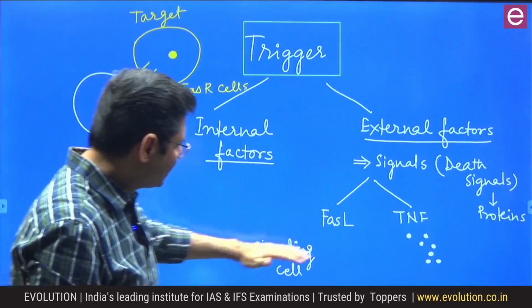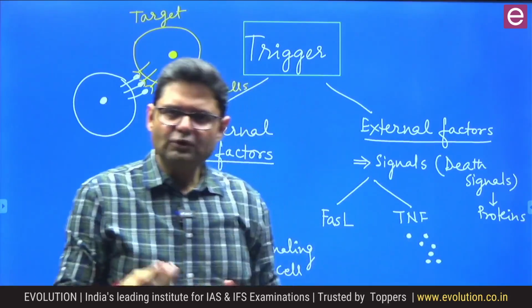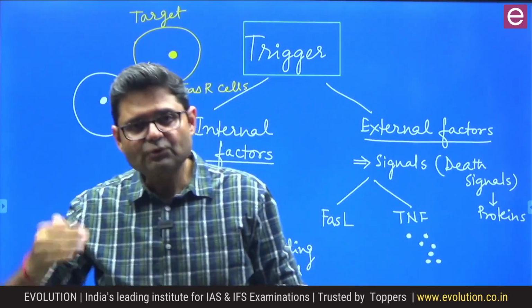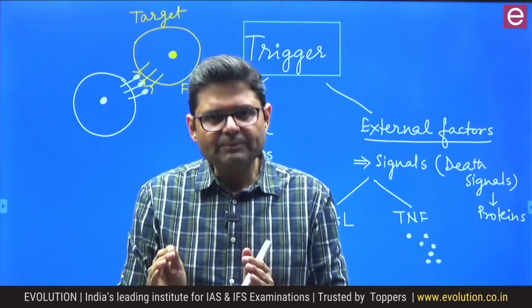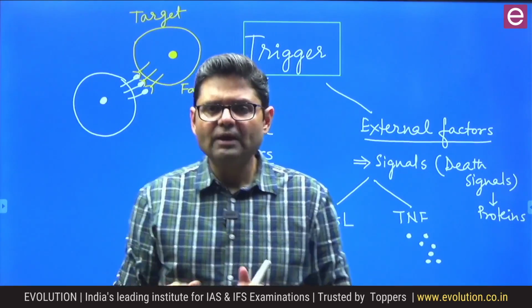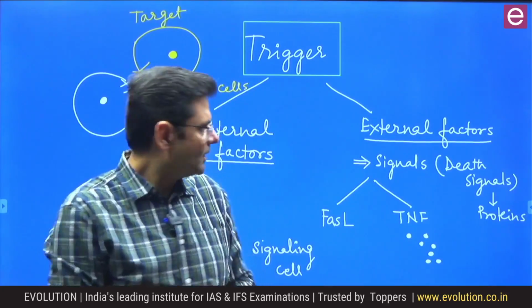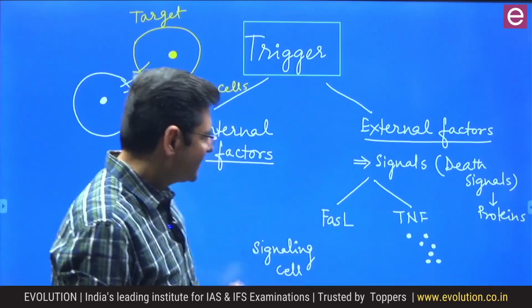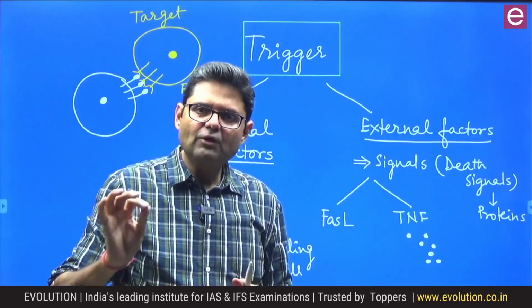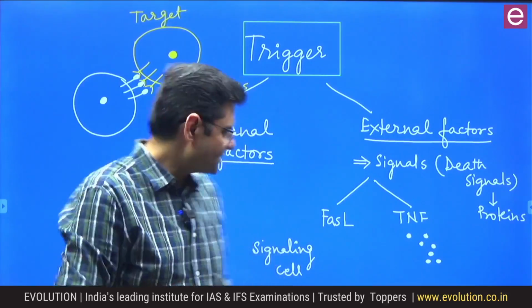On the other hand, if you look at TNF, TNF is a diffusible signaling agent, and cells which have the receptor for TNF will die if they are exposed to TNF. So that is an external factor. When apoptosis is controlled externally, we call it extrinsic apoptosis.